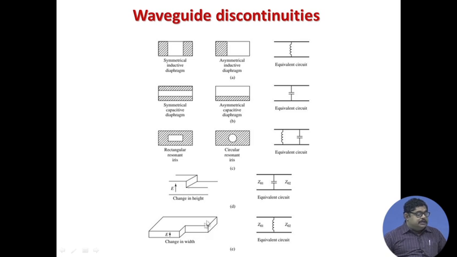Similarly, an H plane step, where the dimension of the guide is changing, is like an inductance. So, inductance you can give either by an H plane step or by an inductive diaphragm. I am showing these because these are discontinuities, where various higher order modes will come, but the net effect of them is producing an LC.